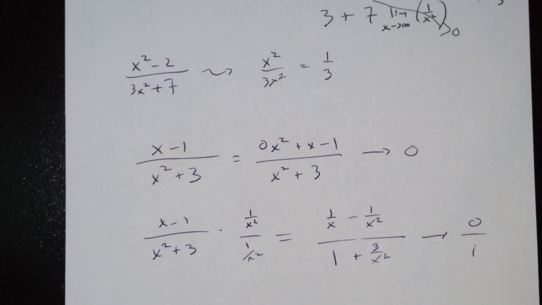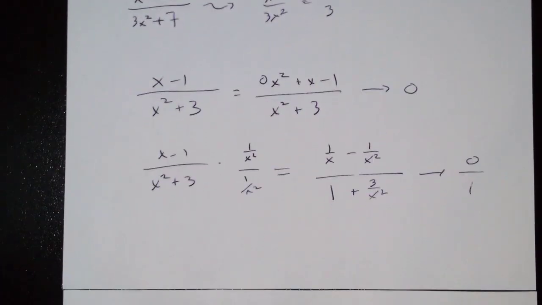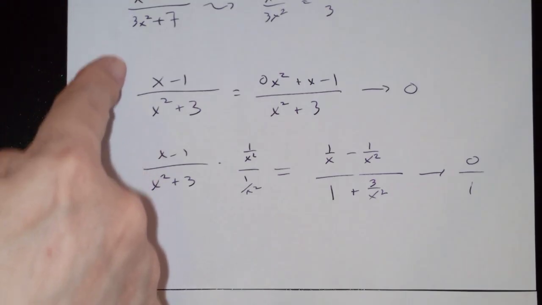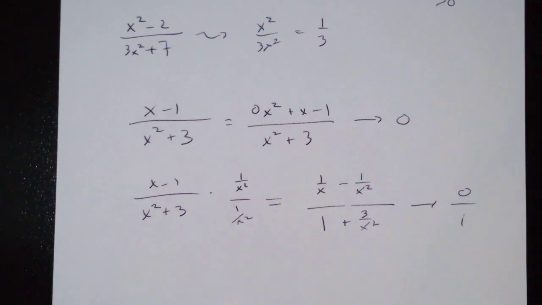I can actually make a general statement. If the power on the bottom is bigger than the power on the top, I get a horizontal asymptote at 0 every time. When the power on the top and the power on the bottom match, I just have to look at the coefficients, a 1 and a 3, like we did up there.